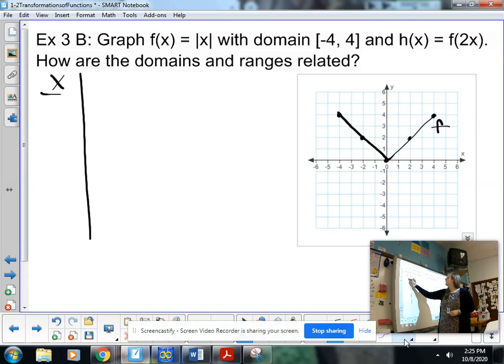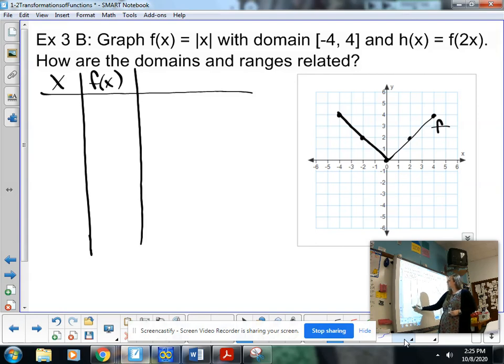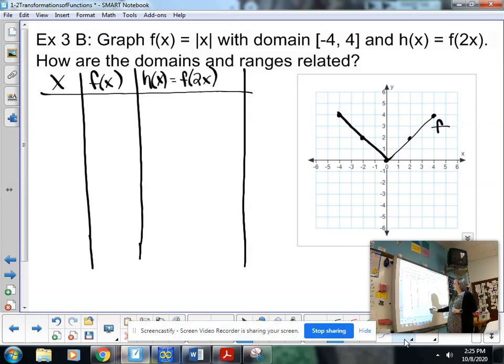So here's my x, my f of x. And I'm not actually going to put in the points that we have yet, and you'll see why. h of x is f of 2x. And then finally, we have our point (x, h of x).